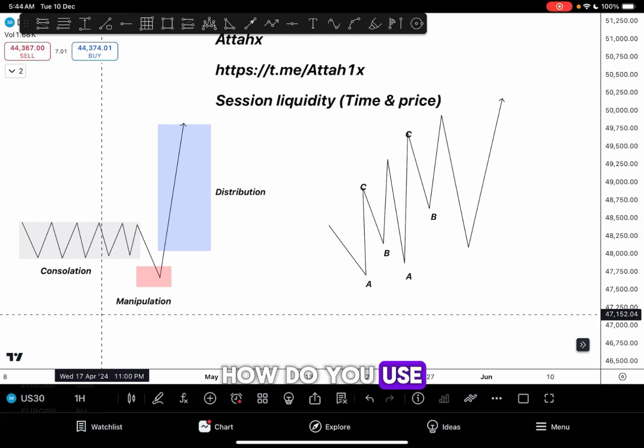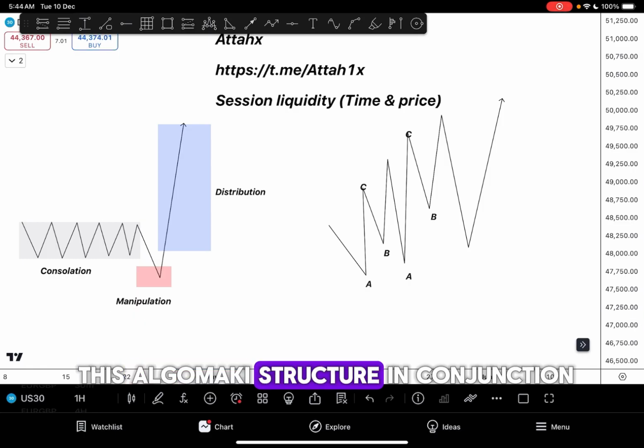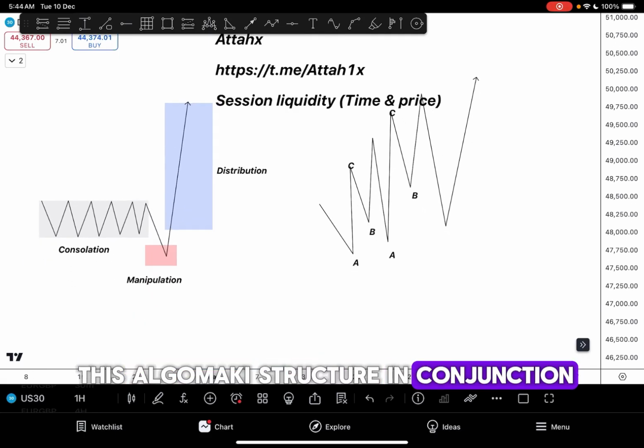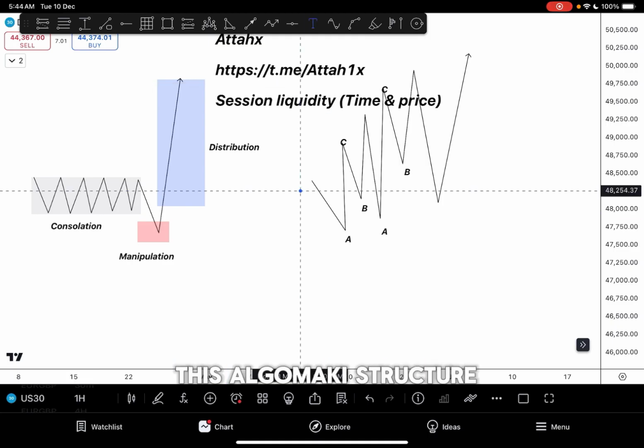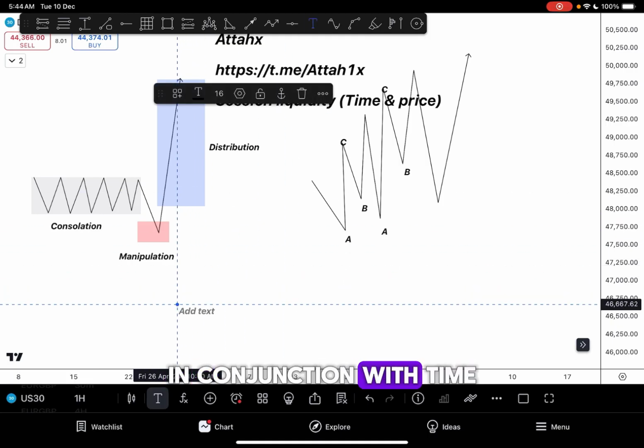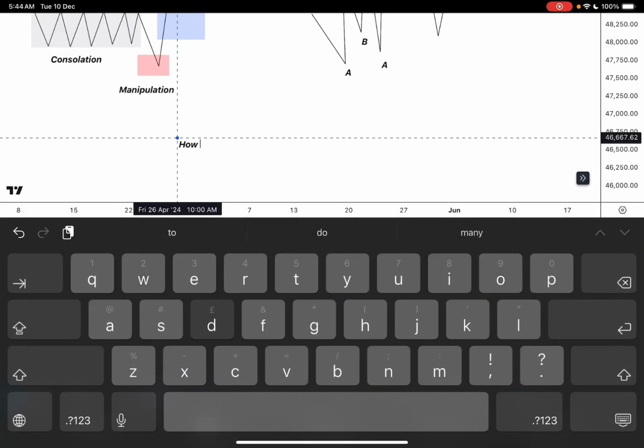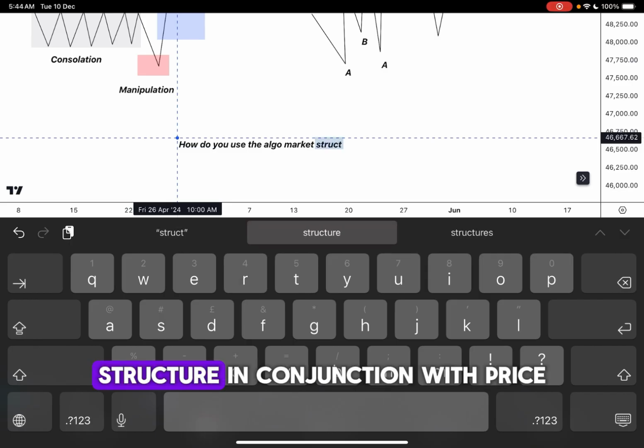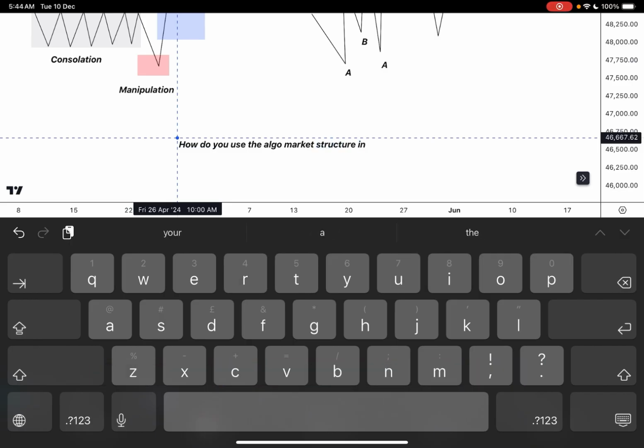Now, how do you use this algo market structure in conjunction with time and price?